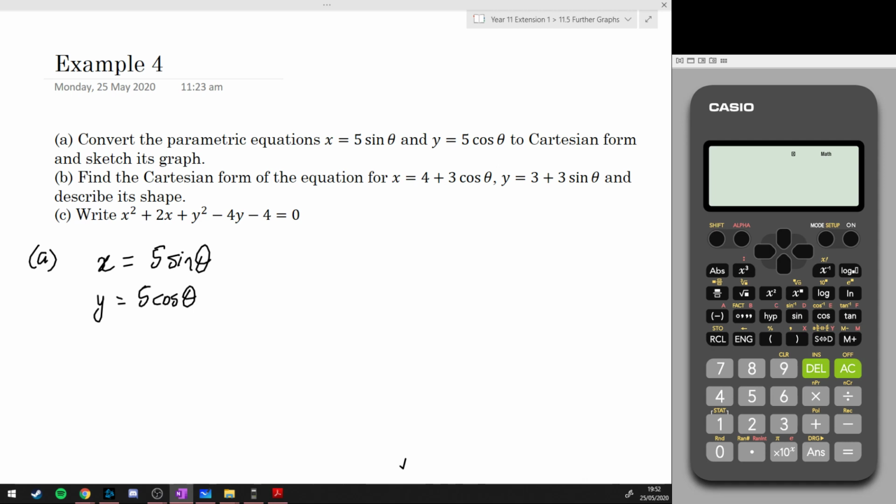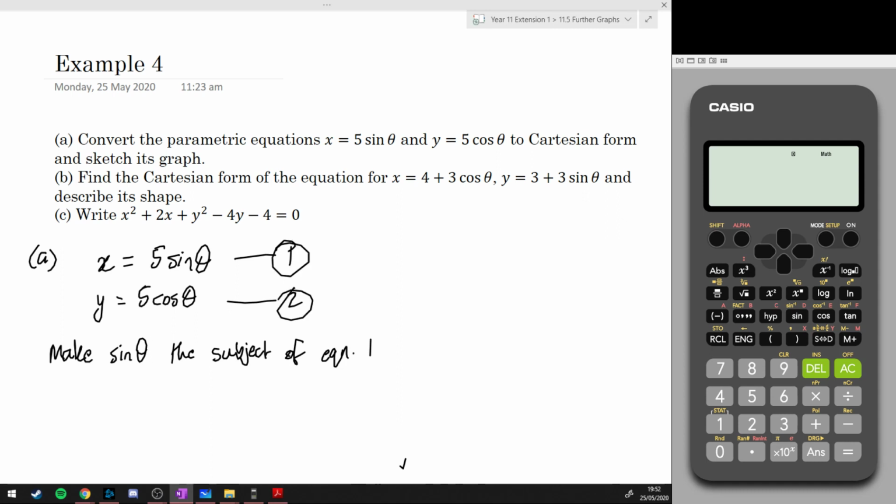What I'm going to do is make sine theta the subject of equation 1. We'll call this equation 1 and we'll call this equation 2. So to do so, sine theta is equal to x on 5.